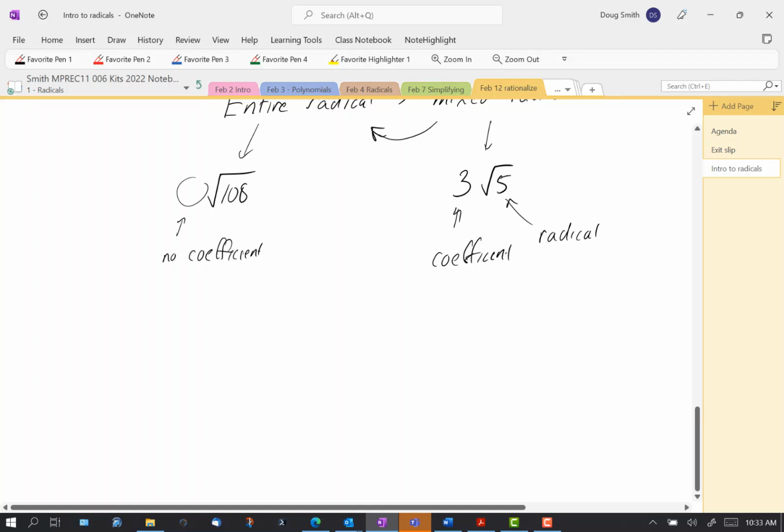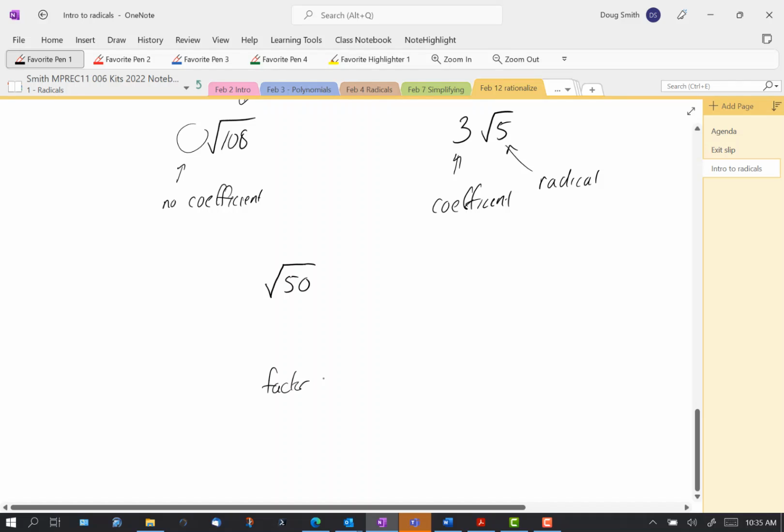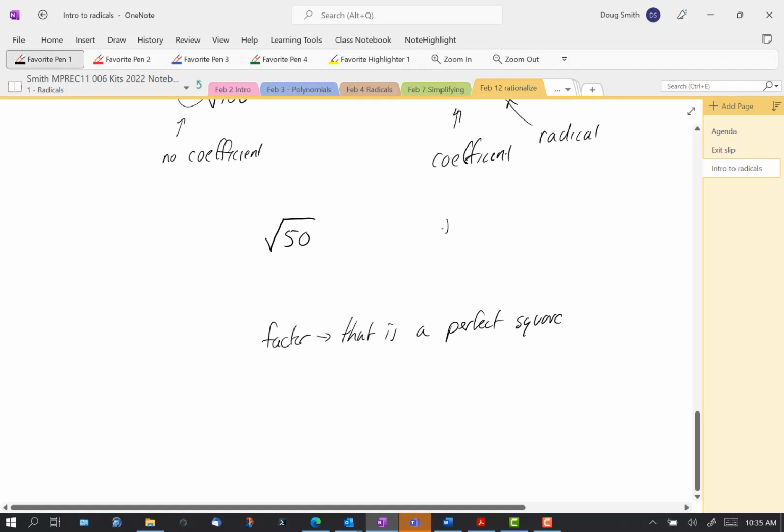But first of all, let's see what that looks like. Let's check out an easy one. Say, let's try square root of 50. If we want to make this into a mixed radical, we have to find a factor that is a perfect square. I happen to know that 50 is equal to 2 times 25, and 25 is a perfect square.